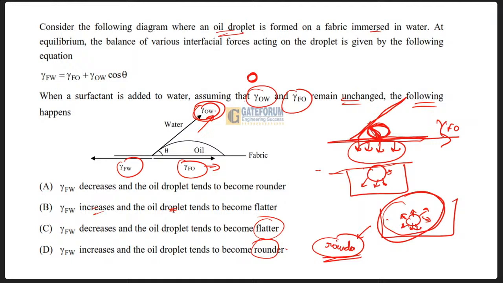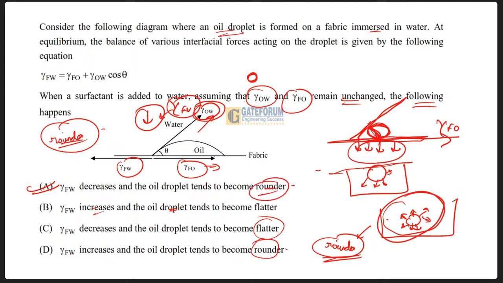So gamma FW decreases and the oil droplet becomes round. Which option is correct? Option A is correct. This is how these things are done. I hope this is clear to you.